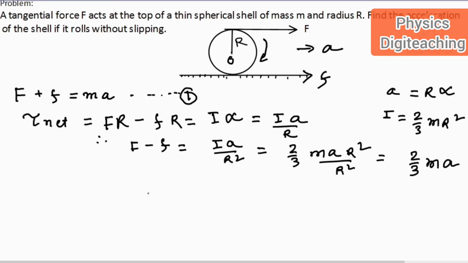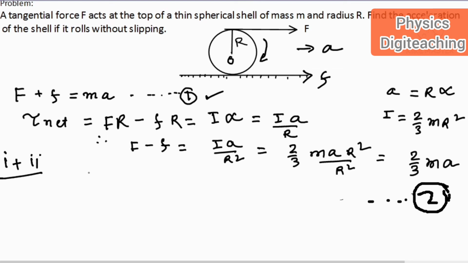Now we solve equation 1 and 2. This is our equation 1 and this is our equation 2.